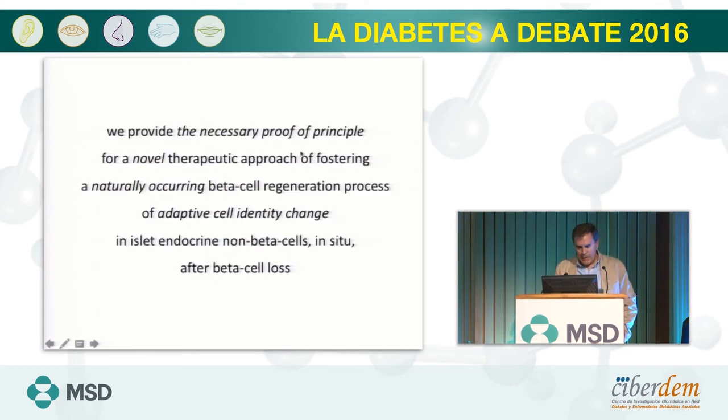I think that these experiments, still preliminary, already provide the necessary proof of principle for a novel therapeutic approach of fostering this naturally occurring beta cell regeneration process of adaptive cell identity change in islet endocrine non-beta cells inside the body.